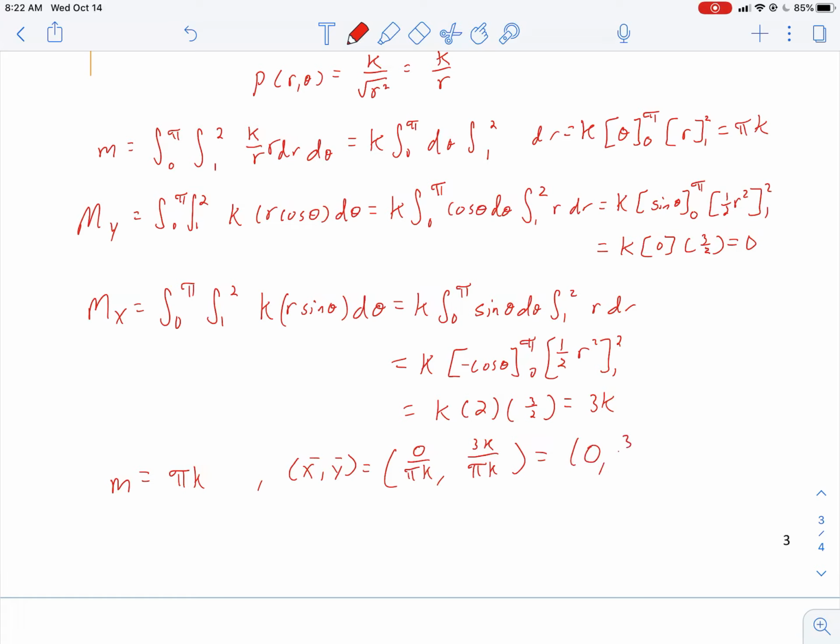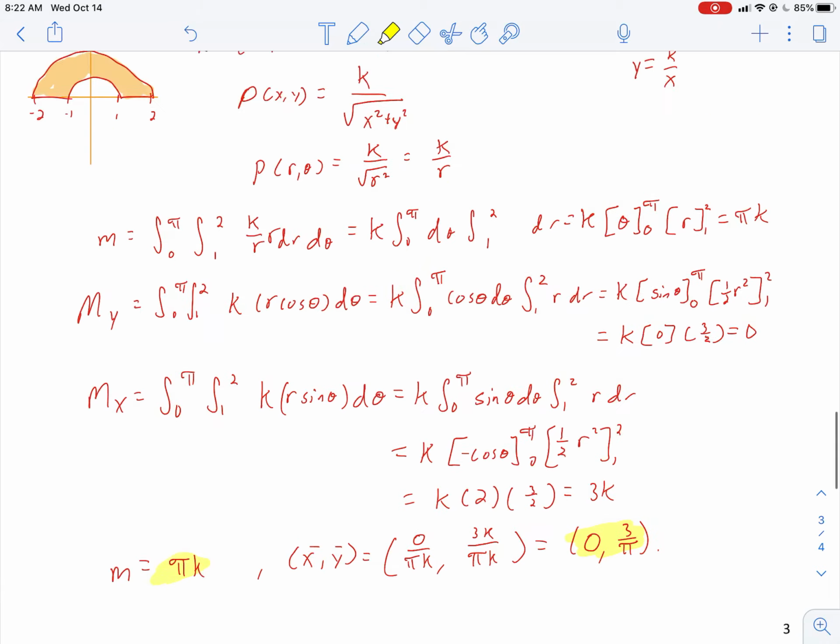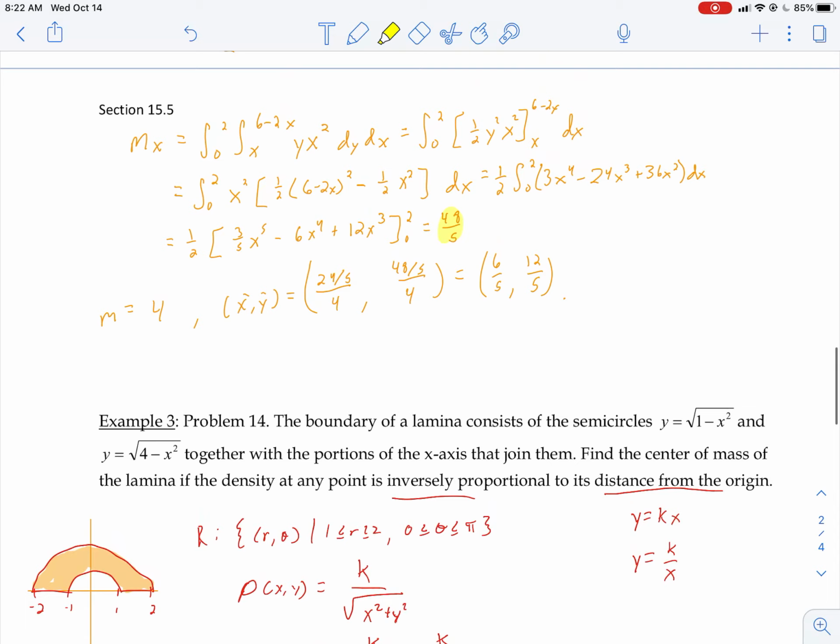And so our center of mass is just going to be 0, 3 over pi. And that's it. I'll go ahead and highlight that, and we are finished. And make sure that I highlighted this answer too.